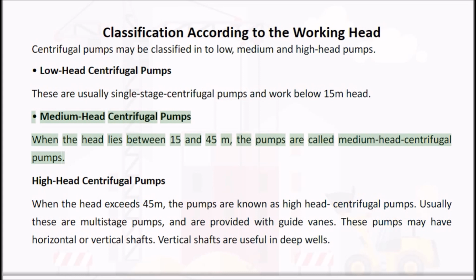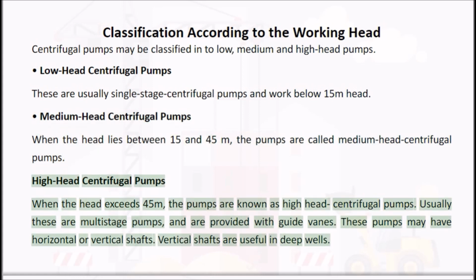When the head lies between 15 and 45 m, the pumps are called medium-head centrifugal pumps. When the head exceeds 45 m, the pumps are known as high-head centrifugal pumps. Usually these are multi-stage pumps, and are provided with guide vanes. These pumps may have horizontal or vertical shafts. Vertical shafts are useful in deep wells.